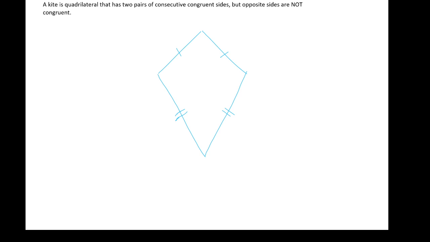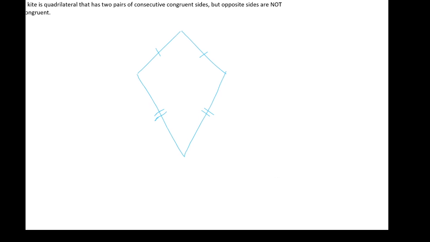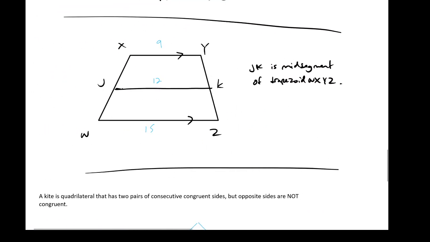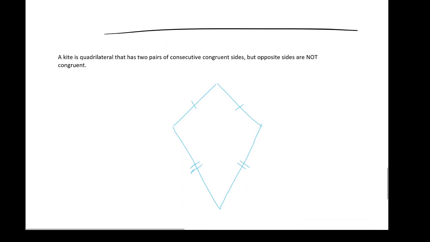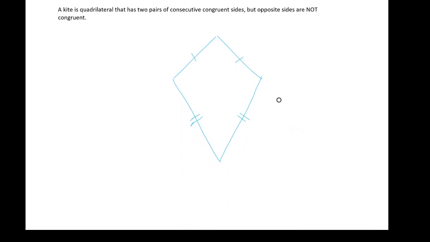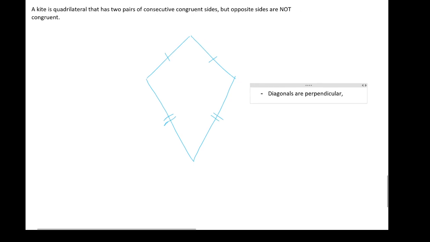Last thing, we're going to have two more features here that we're going to denote. One is that your diagonals are perpendicular.